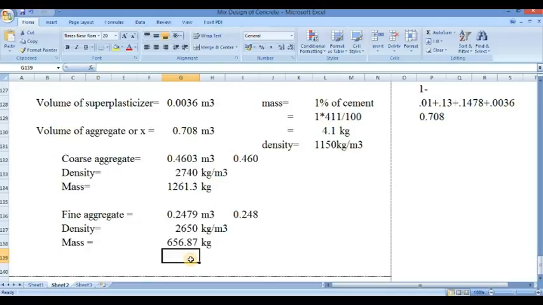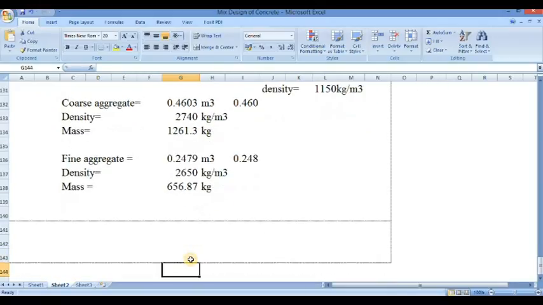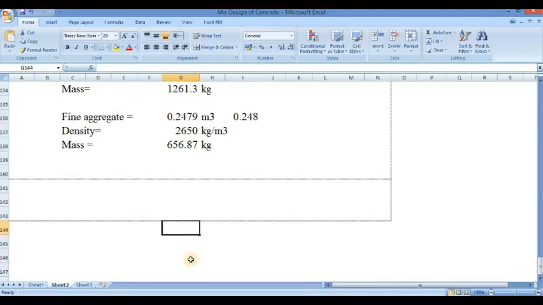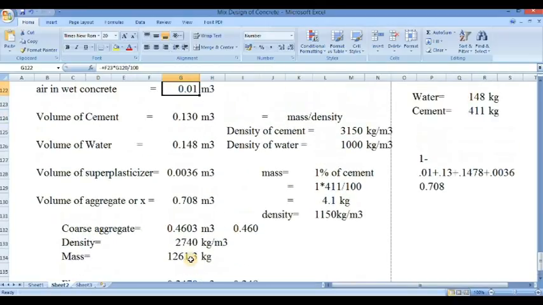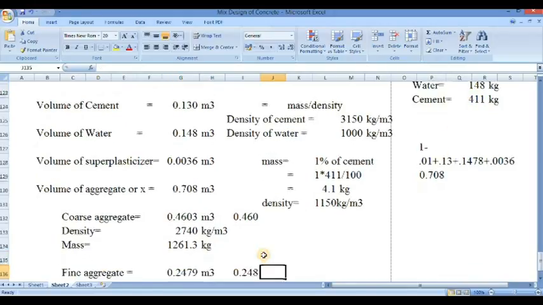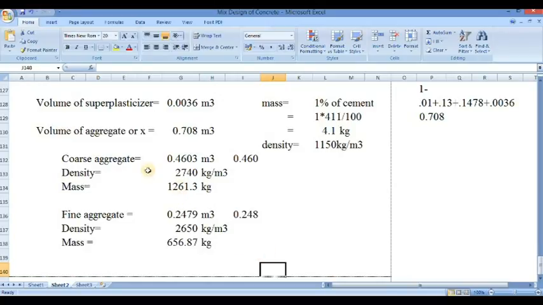So for producing M40 concrete, you have to start with a trial mix. And what are the components of this trial mix? Cement will be 411 kg, water is 148 kg, fine aggregate should be 656 kg, and coarse aggregate 1261 kg.